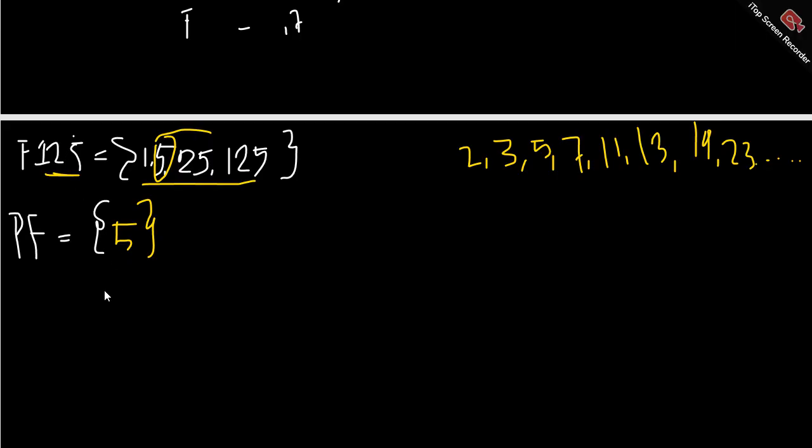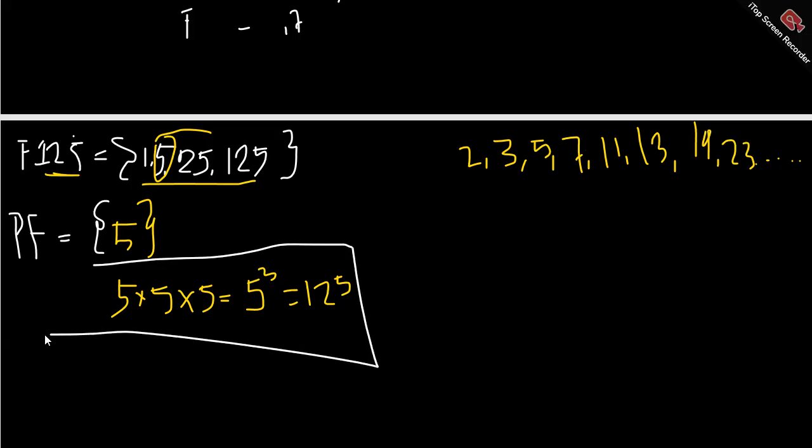So how many times can we multiply 5 to give us 125? Let's start. 5 times 5 is 25. 25 times 5 again is 125. So this is what they are expecting you to do in that particular question. It means that you have multiplied 5 three times to give you 125. So that is the answer to that question.